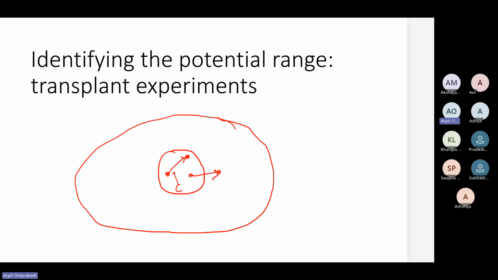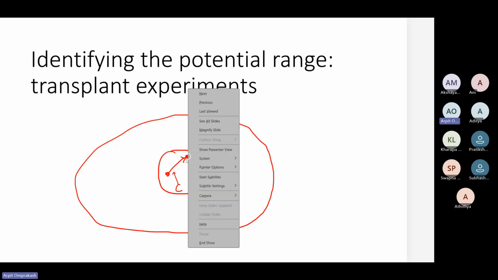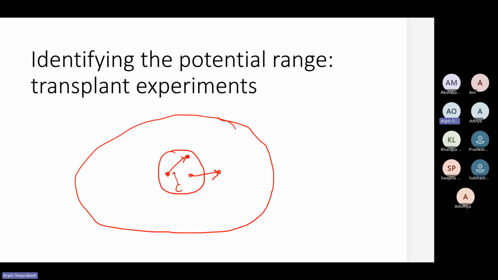This helps us figure out if the organism we are transplanting might be dying, or not able to survive and reproduce, because of something in the transplantation process, right? Because we know the plant should survive in this area. So this is like a control. We want to check if the transplantation process is okay.